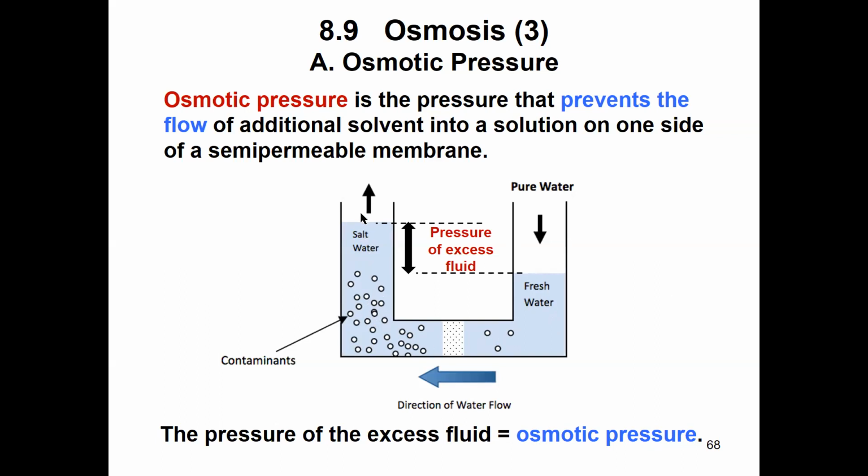The difference in the level of liquid creates a pressure due to gravity, and this pressure is what we call the osmotic pressure. So a more concentrated solution will exert a higher osmotic pressure than a low concentration solution.